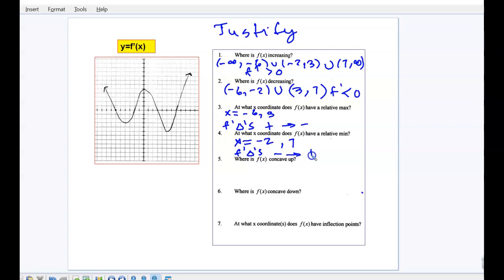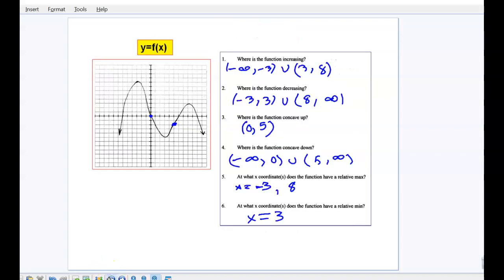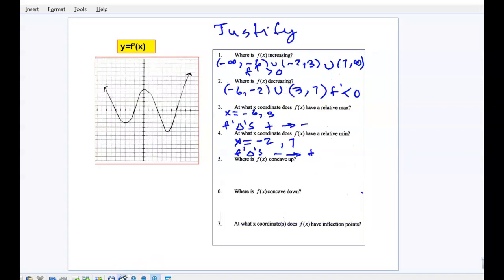Now, where is the graph concave up? Remember, if we're given the graph of f, like in the previous example, the slopes of the tangent lines on it are f prime. If we're given the graph of f prime, the slopes of the tangent lines of f prime are going to be f double prime. So concave up is when f double prime is positive, or when f prime is increasing.